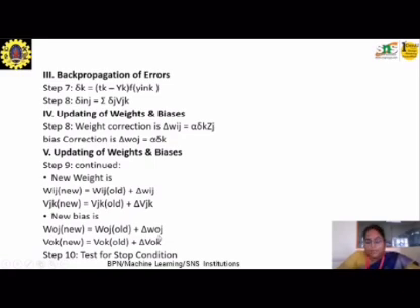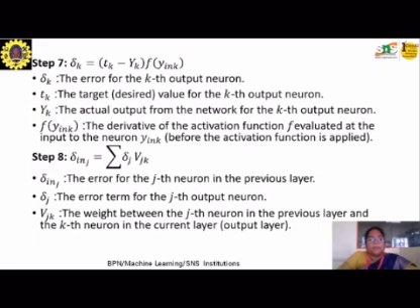Step 10, stop condition. Until then, steps 4 to 9 have to be repeated for every input received from each layer, the perceptron layer. Here I have given the detailed explanation for step 7 and step 8. In step 7, del k is the error of the kth neuron, tk is the target value, yk is the actual output, and the function of y_ink is the activation function applied here.